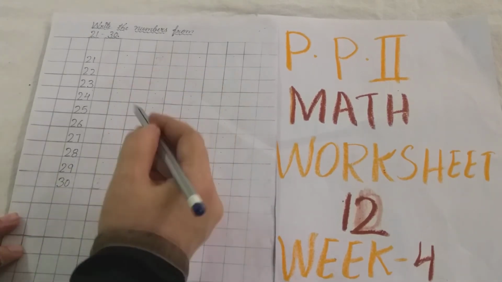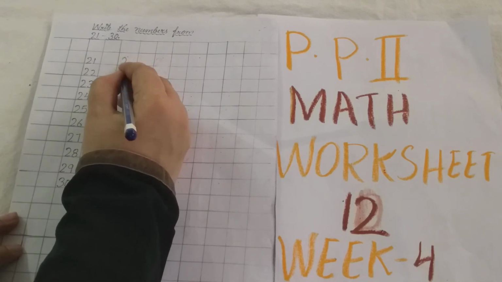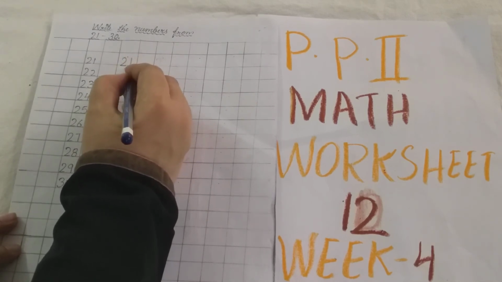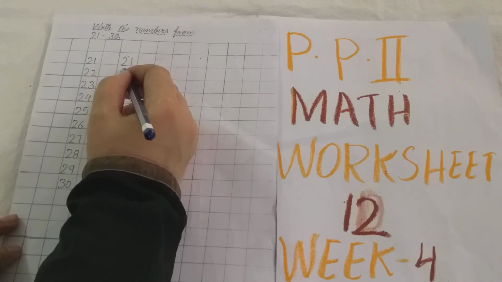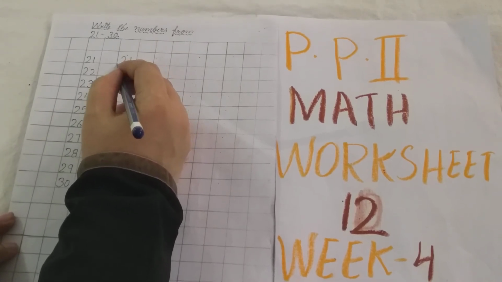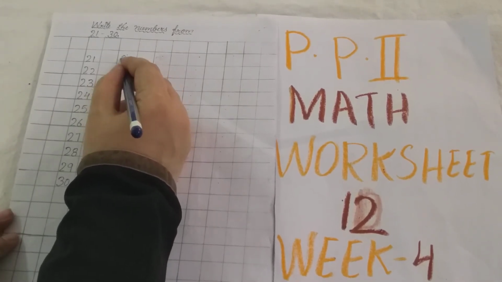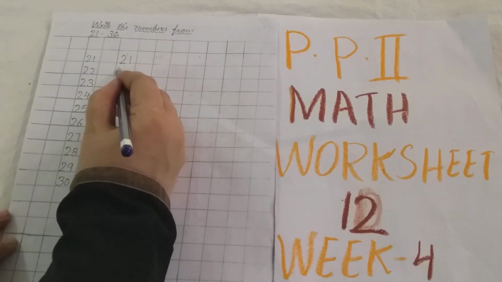Okay. Now start writing. 2, 1, 21. See how I am writing here. I am writing both the digits equally and I am touching the line also.